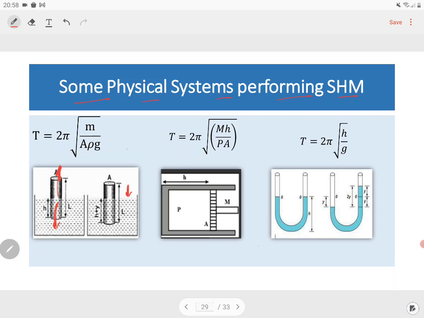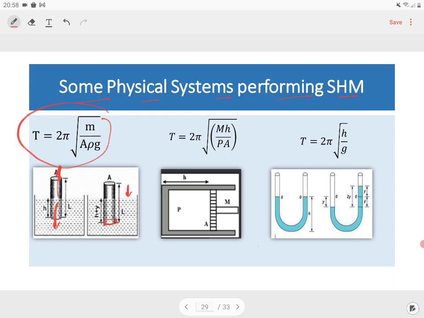What is the time period of that SHM? This is the time period. When you slightly depress it downward, extra volume of the solid will get submerged, extra volume of the liquid will be displaced, and so there will be extra force of buoyancy in the upward direction. Because of this upward force it will jump up and again jump down because of gravity.